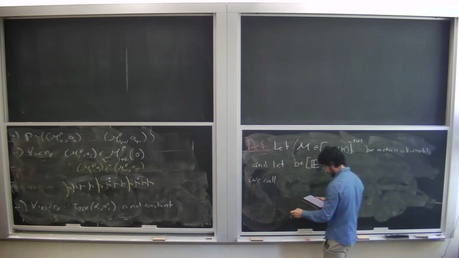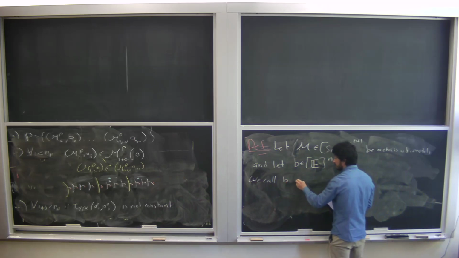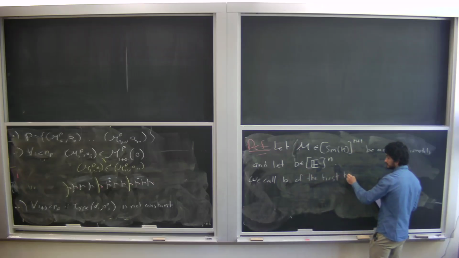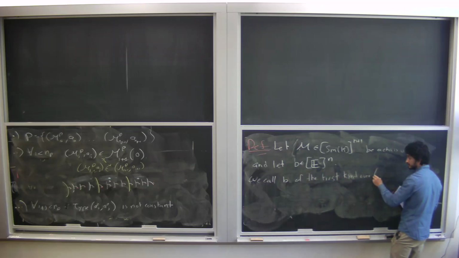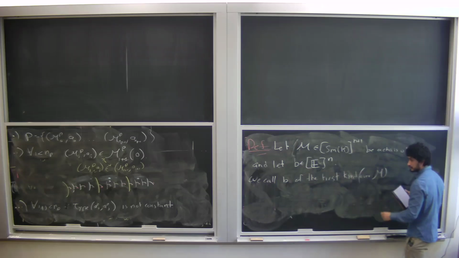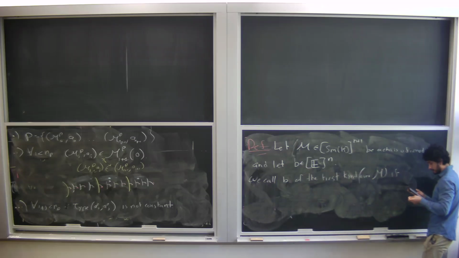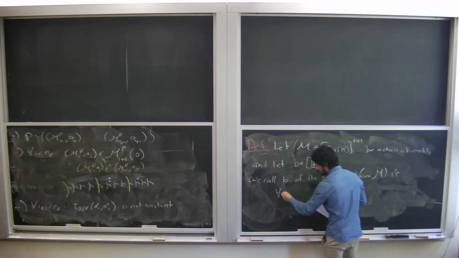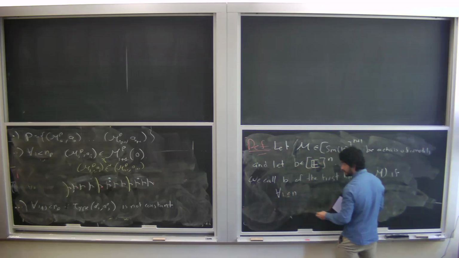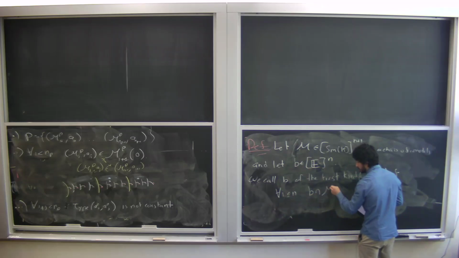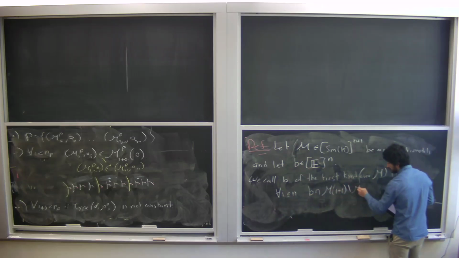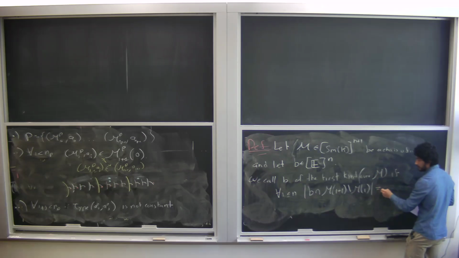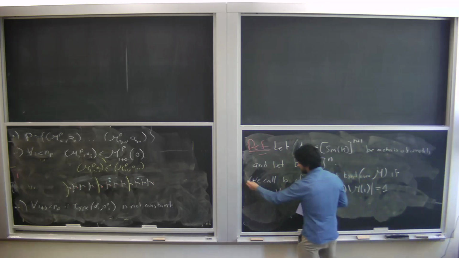We call B of the first kind over M if for each i less or equal than n, B intersection M_{i+1} minus M_i, where the last point is the universe, has cardinality 1.